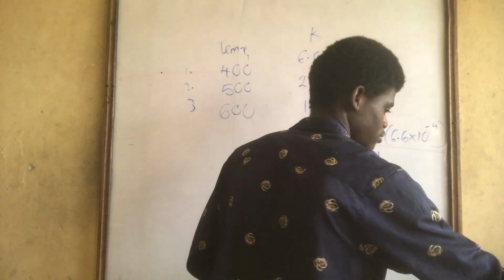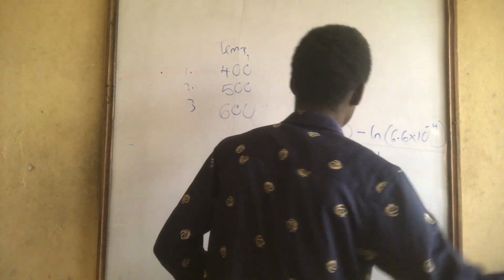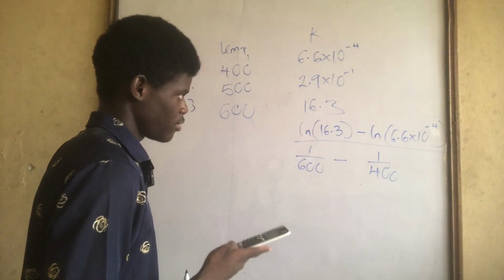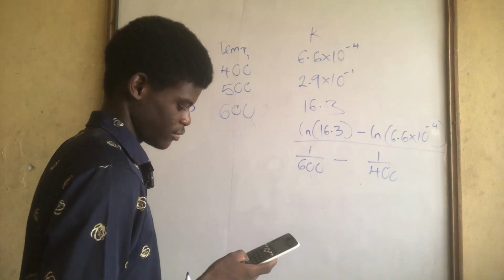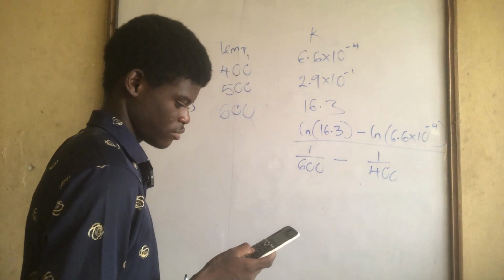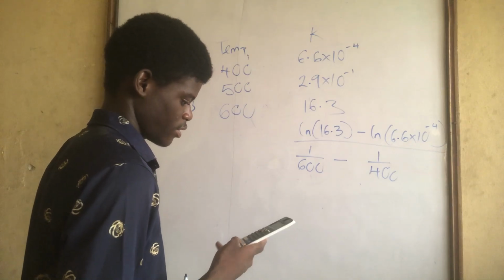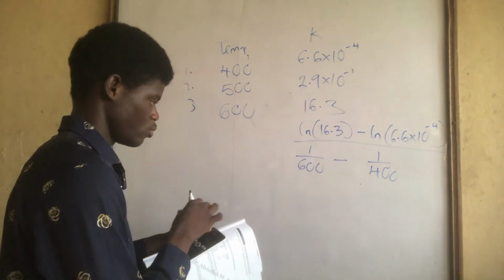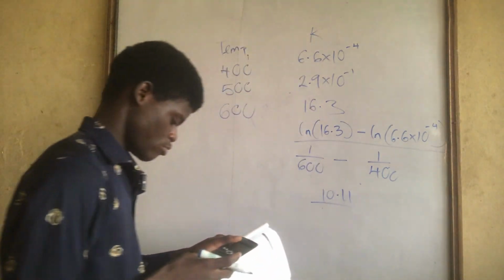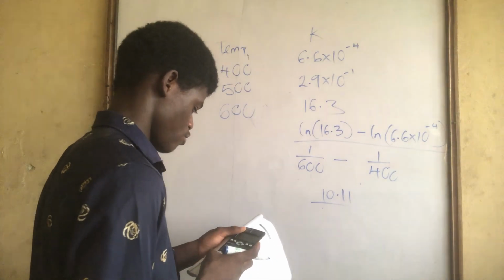Let's calculate that. So let's say ln 16.3 minus ln 6.6 times 10 raised to power minus 4. That will be 10.11. 10.11 all over 1 over 600 minus 1 over 400.